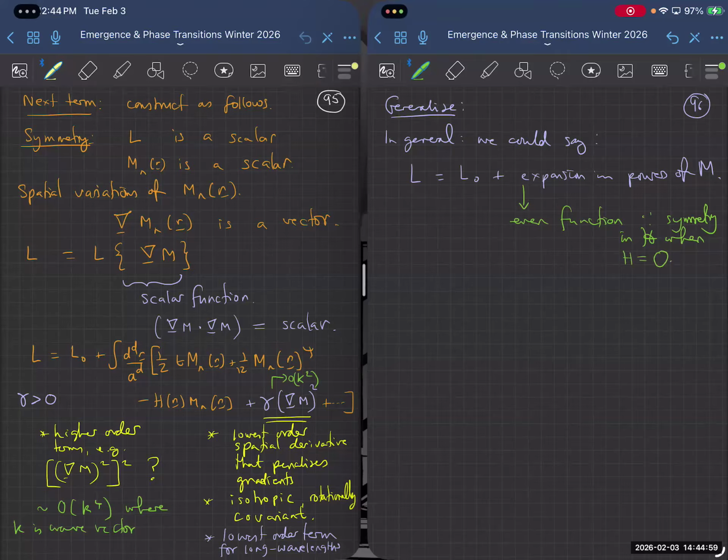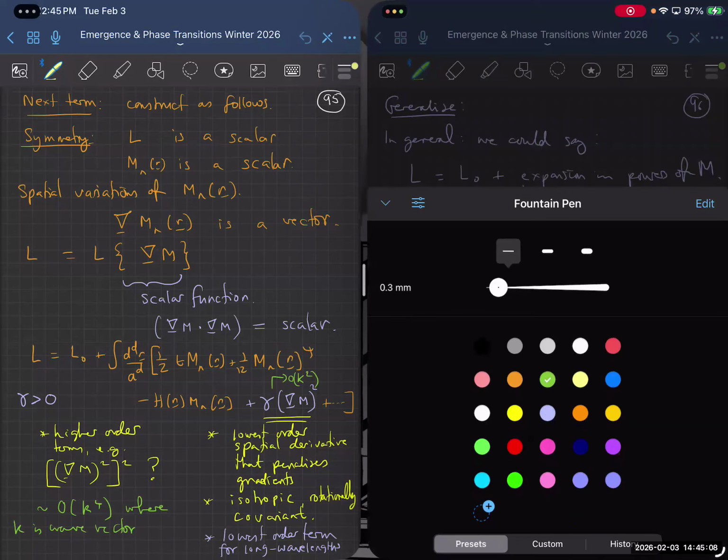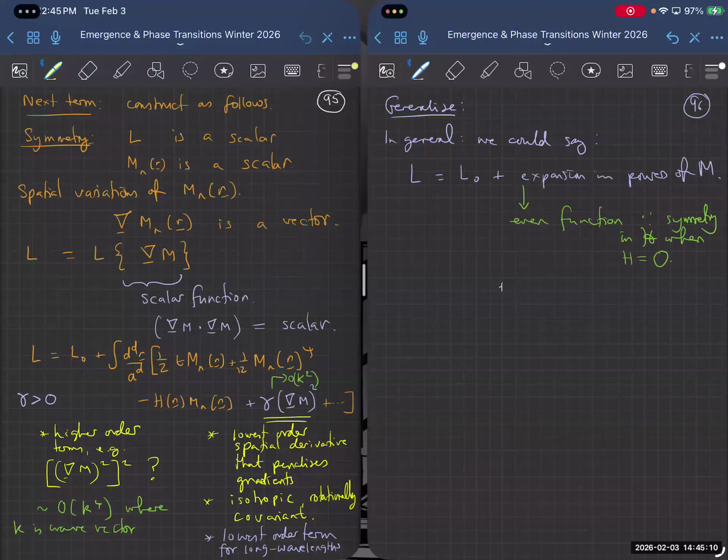So then it has to be an expansion in even powers of m. It's going to start off with m squared and then go to m to the fourth. So I can write that expansion as some a m squared plus b m to the fourth.